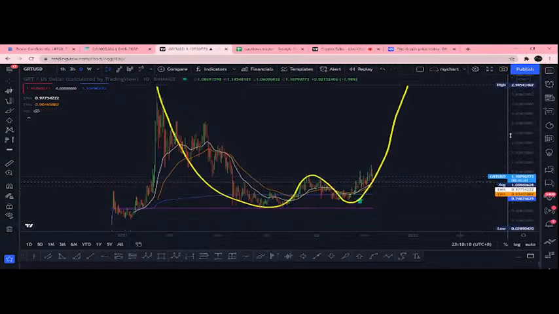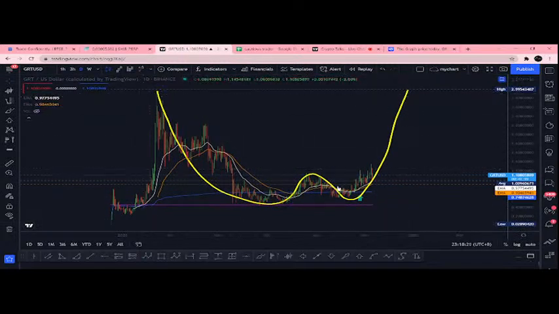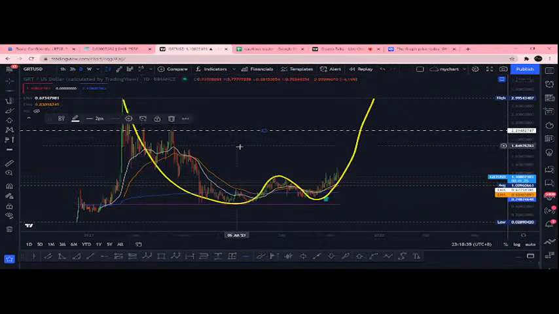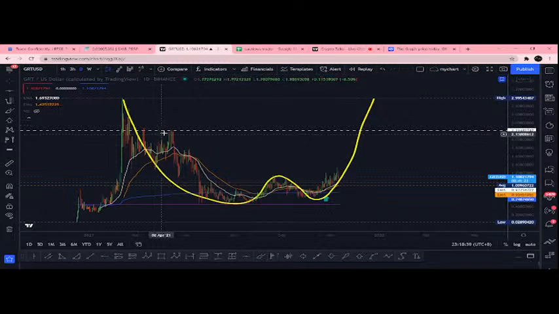Target, well, actually, since I'm expecting this one, I'm expecting the $2.99 as a target for GRT. Though if you look at this one, this is actually a very strong resistance. So you might top it at this area. Even this one.